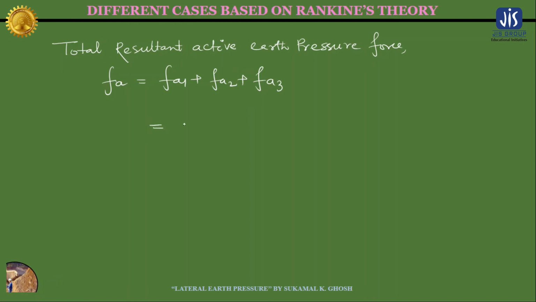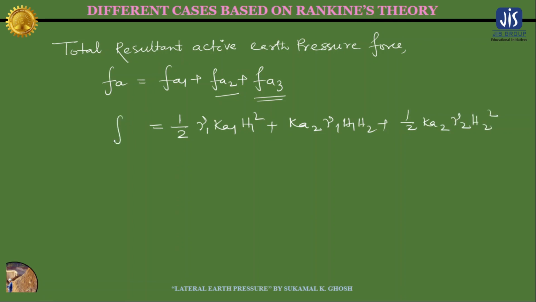Now the value of Fa1, we derived that half into gamma 1 into K1 into H1 square, right? The value of Fa2, we have derived that Ka2 into gamma 1 into H1 into H2, and the value of this Fa3 we have calculated as half into Ka2 gamma 2 H2 square. Okay, so this is the value of total resultant active earth pressure force.